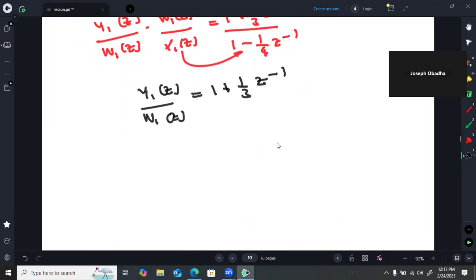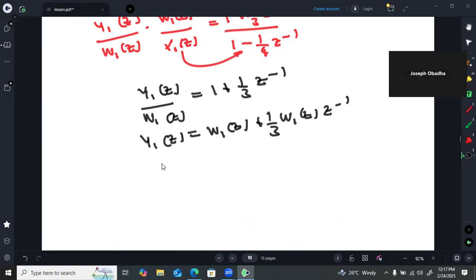That means Y1(z) equal to W1(z) + 1/3 W1(z) z^-1, or simply y1[n] equal to w[n] + 1/3 w[n-1].